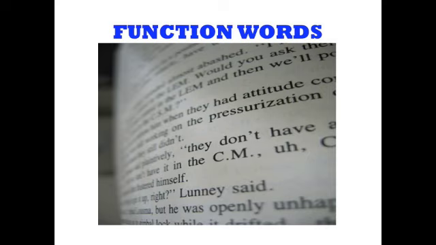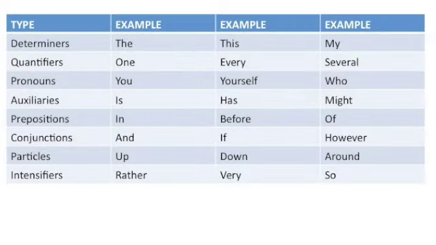English also has a second group of words. These are known as function words. Function words serve a variety of purposes. This table illustrates the different types of function words out there and some examples of each.